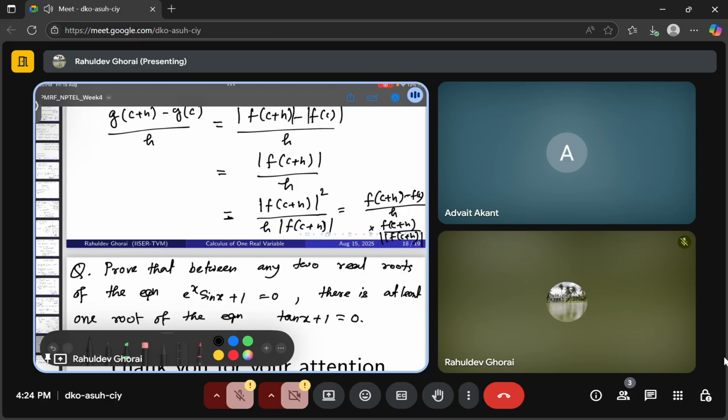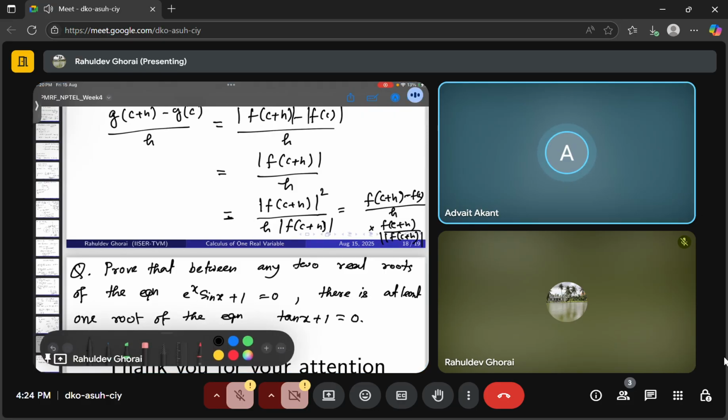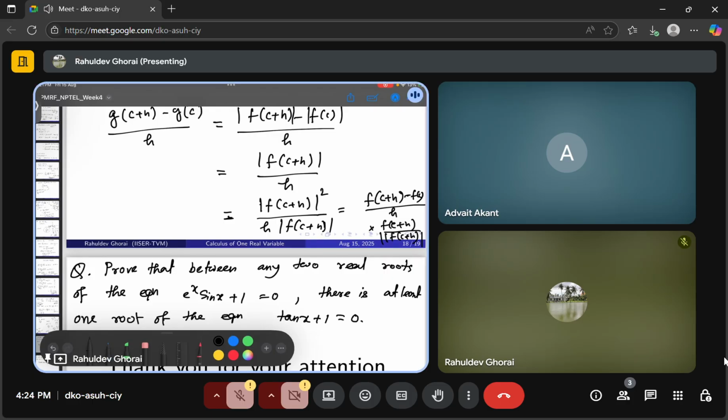Once you use that, you will understand how strong Rolle's theorem is.